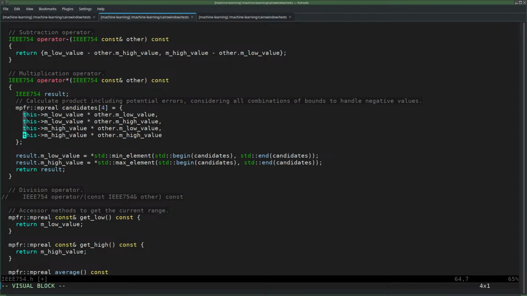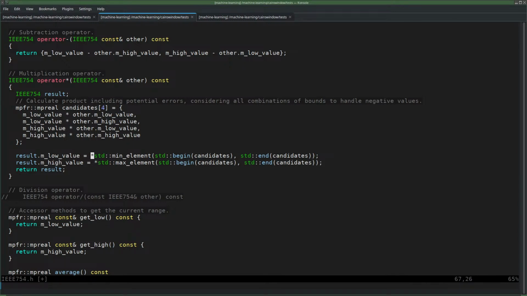It's impossible to figure out. So we just calculate all 4 possibilities and then literally determine the minimum and the maximum of those.